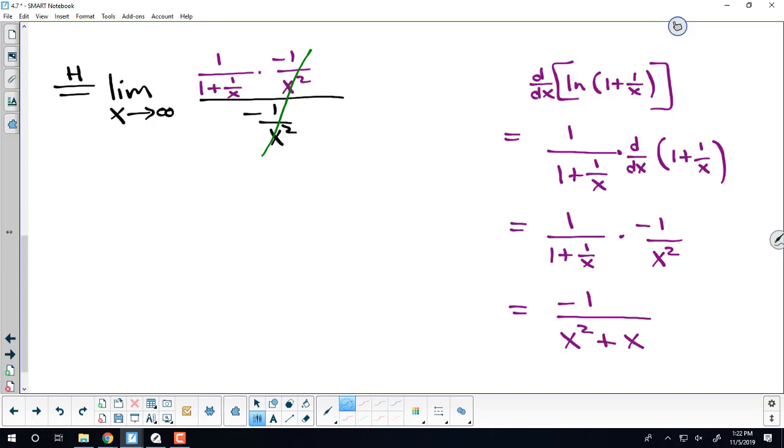So that's L'Hopital's rule. And then simplifying that gives us the limit as x approaches infinity of our little quantity here, 1 over 1 plus 1 over x. So as x approaches infinity, that limit is 1.